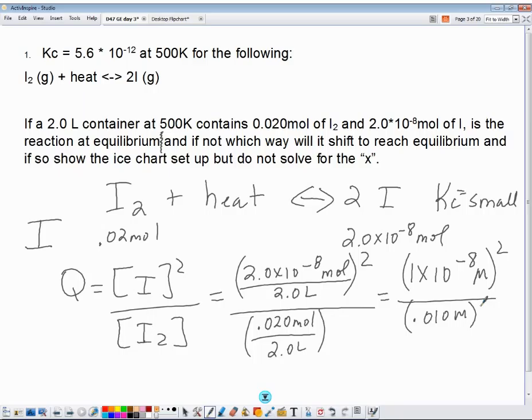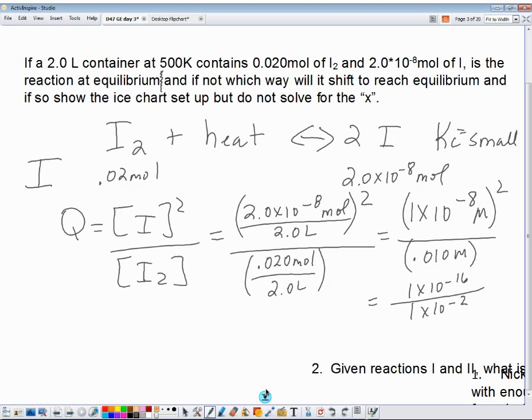No. This is really 1 times 10 to the negative 16 divided by 1 times 10 to the negative 2. That's what it really is. Let's pull that up a little bit so you can see that. That simplifies to that, which means I don't need a calculator.